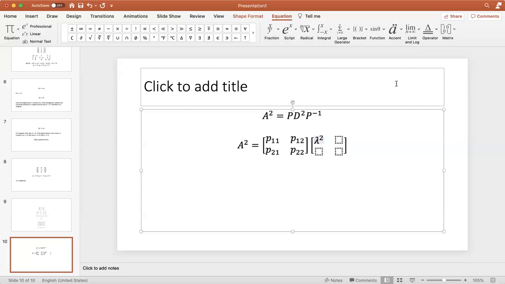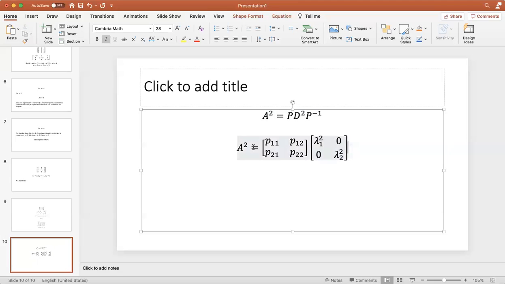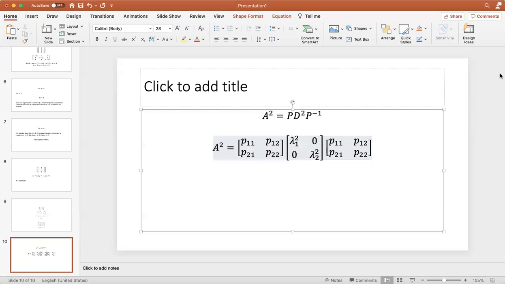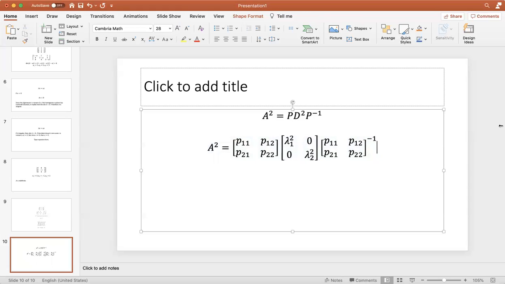So this is lambda 1, this is 0, this is 0, this is lambda 2. And the other one would be the inverse of this modal matrix.